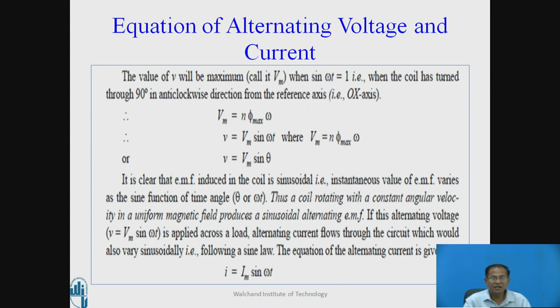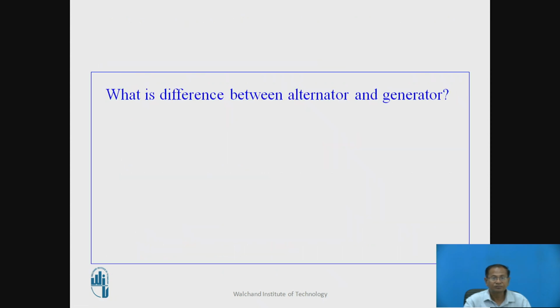If the alternating voltage V is equal to Vm sin omega t is applied across the load, alternating current flows through the circuit, which would also vary sinusoidally. Therefore, the equation of alternating current is given by I is equal to Im sin omega t.